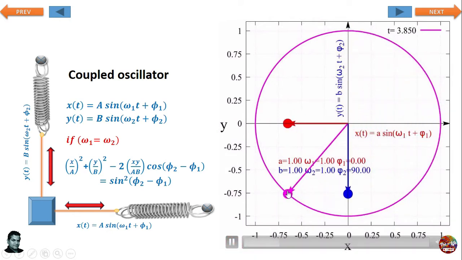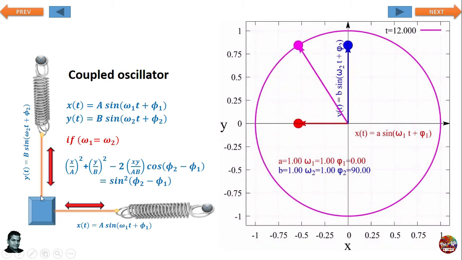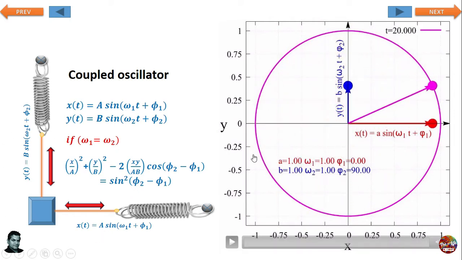So the circle is showing that when the phase difference is 90, this particle or mass under this coupled oscillator scenario would move in a circular fashion. So this is a Lissajous figure for the case of a coupled oscillator where the frequency is the same and the phase difference between the two independent oscillators is 90 degrees.